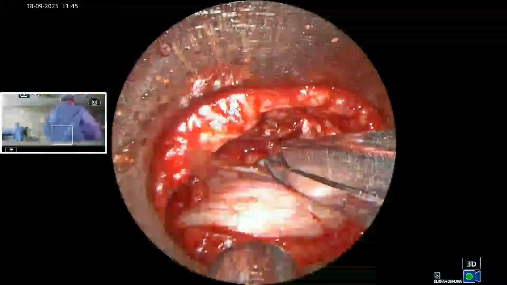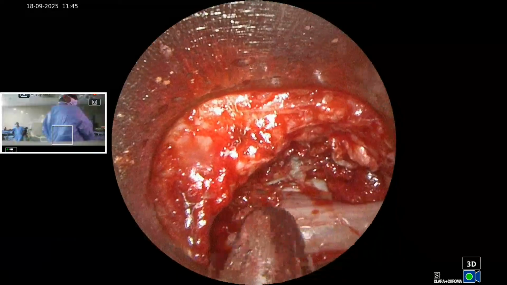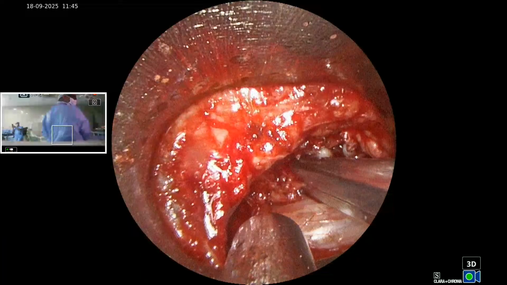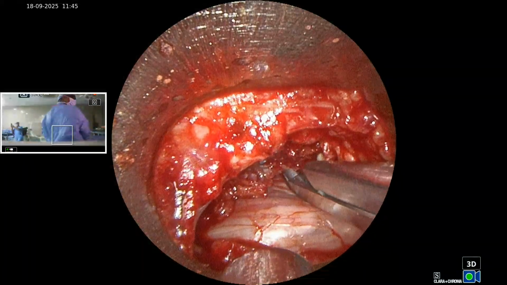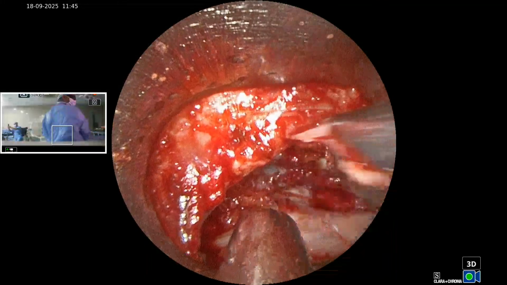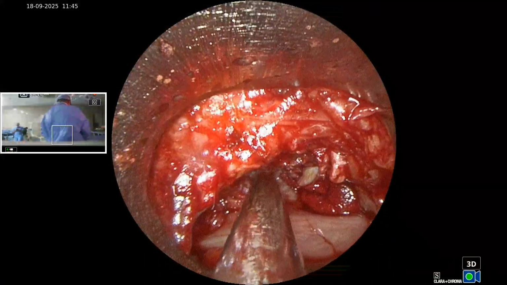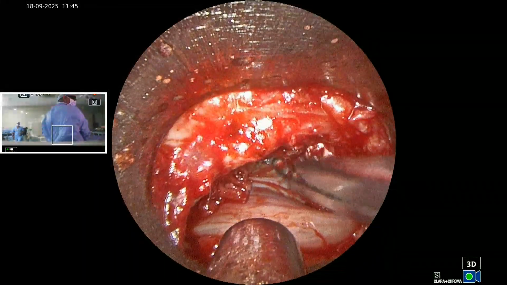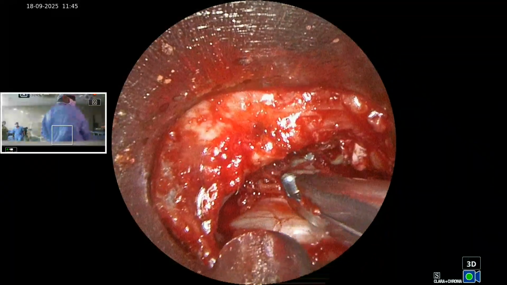Now instead of 3 mm, now I am using 2 mm, and this is on the nerve root here. This is the opposite side, right side nerve root, and we are at the nerve root. So this is my nerve, and this is the shoulder of the nerve root, which is visible now.